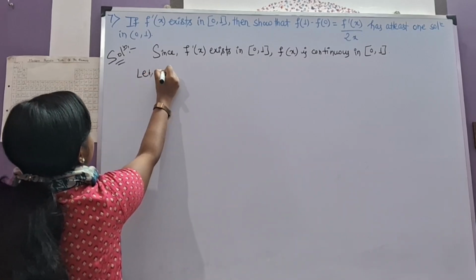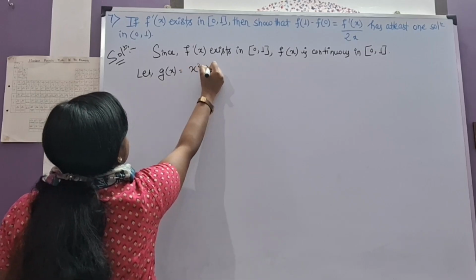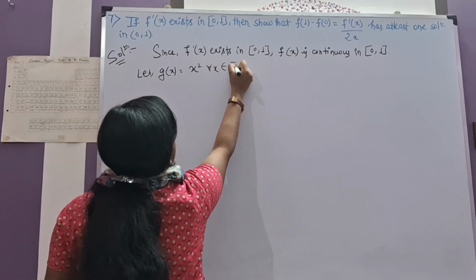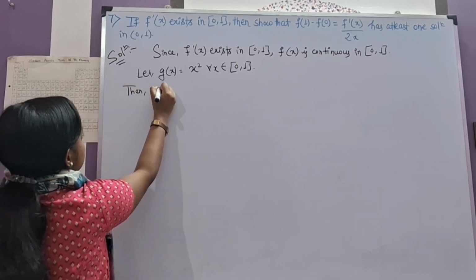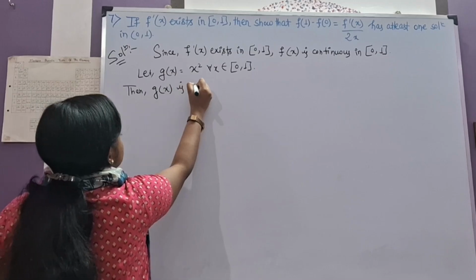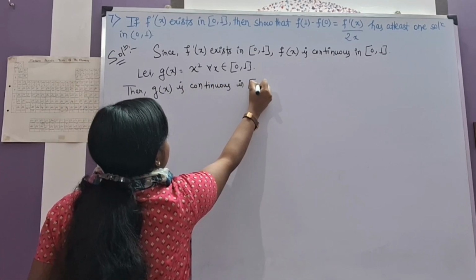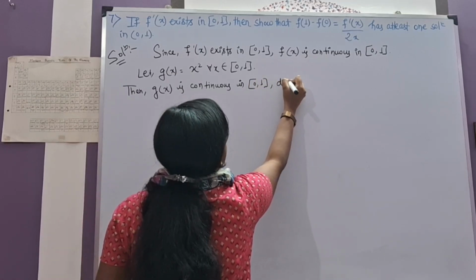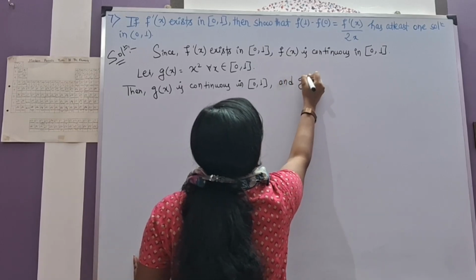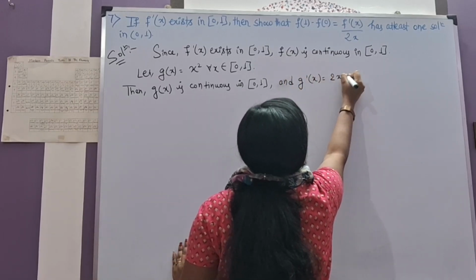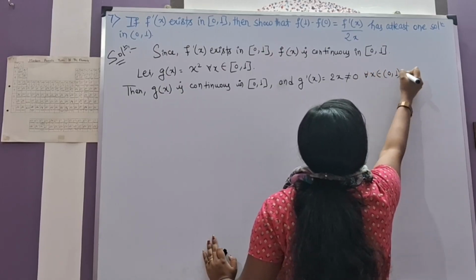Now let g of x equal to x squared for all x belonging to closed interval 0, 1. Then g of x is continuous in closed interval 0, 1, and g dash of x equal to 2x, which is not equal to 0 for all x belonging to open interval 0, 1.